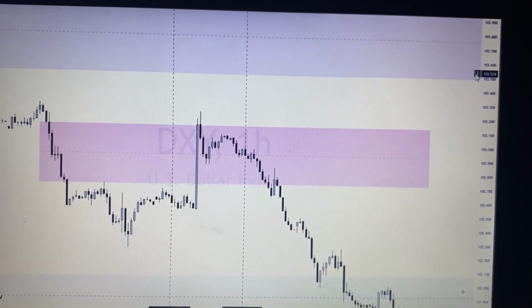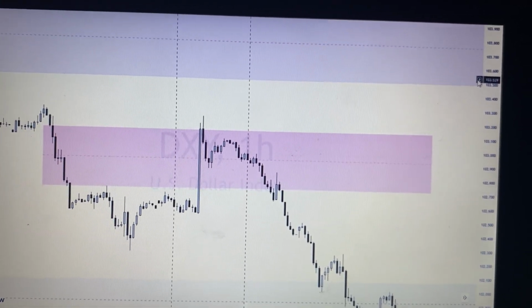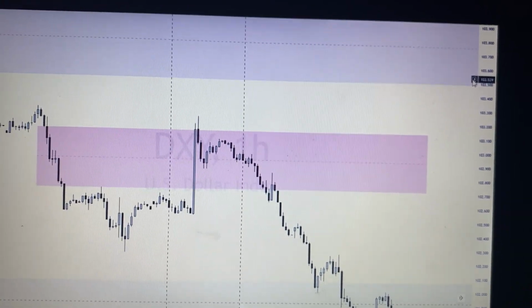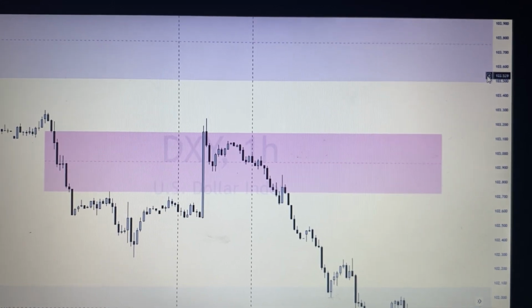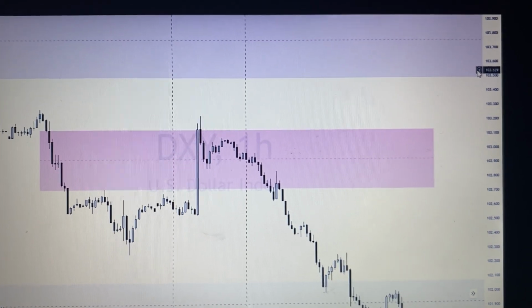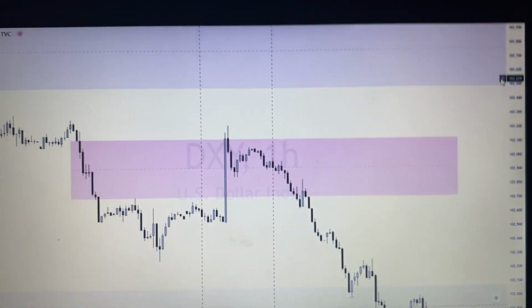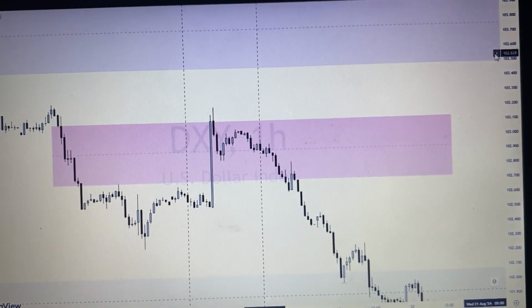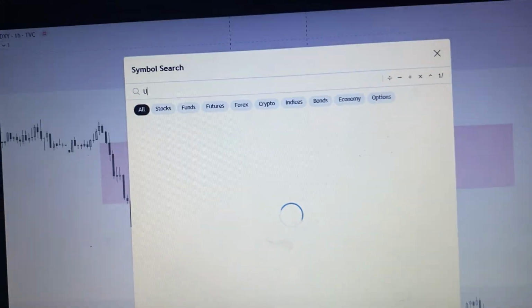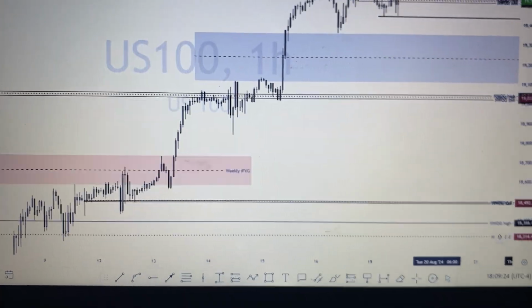You have a chance to enter on the manipulation, and you know that it is manipulation because the high time frame already told you that we are bearish. No matter what, we are bearish. When you see a daily fair value gap, it automatically makes it bearish. When we tap into a daily fair value gap that is bullish, already you must expect bullish prices.